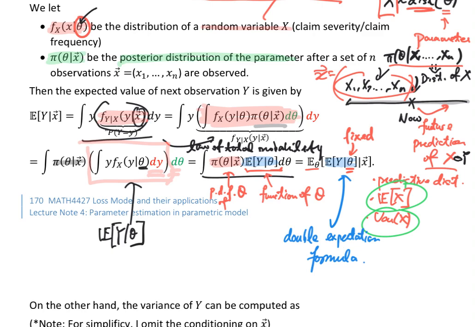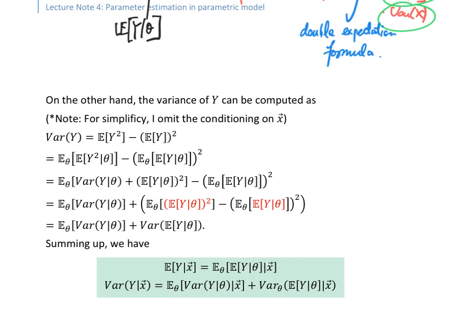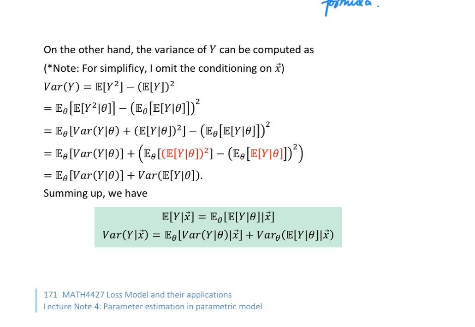Then next we will try to consider the variance of y, or maybe that is the future value of x. To do that, remember the variance of y can be computed as the second moment minus the square of the first moment. So this is the usual formula for getting the variance, isn't it? Now, in order to move on, remember the choice of y depends on the distribution and also the values of theta, right?